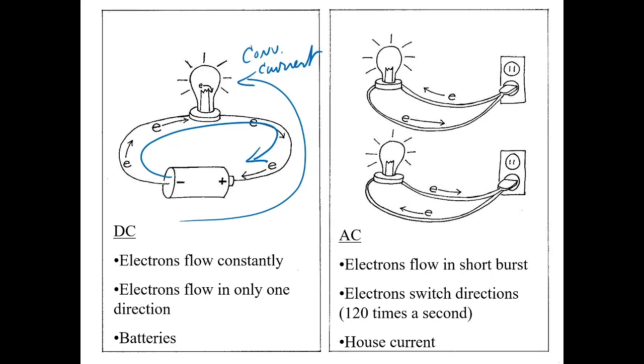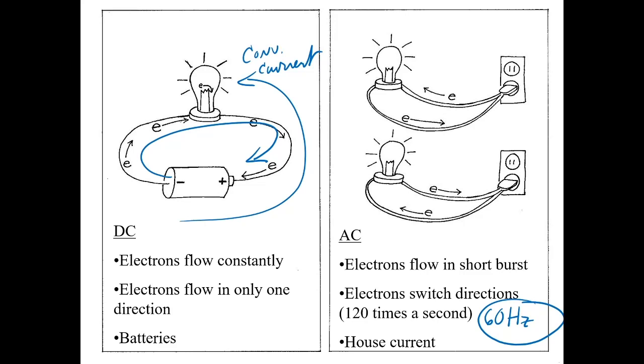AC is different. In AC, they switch. So in AC, the electrons go one way, and then they switch and go in the opposite direction. They do this 60 times a second, or 120 times a second, for a total of 60 hertz, or 60 cycles per second.